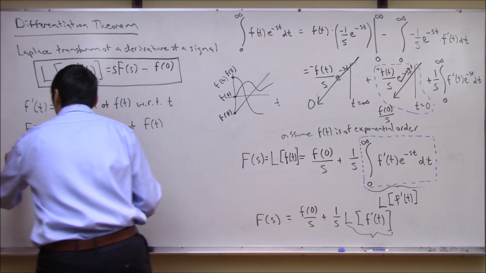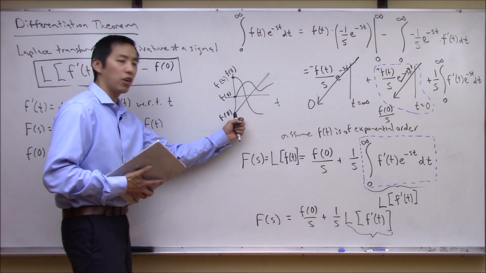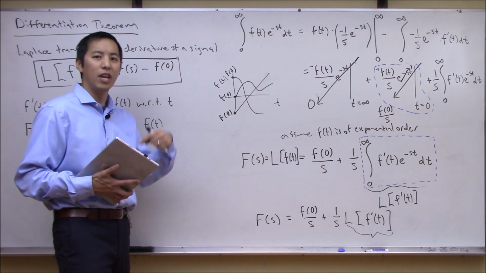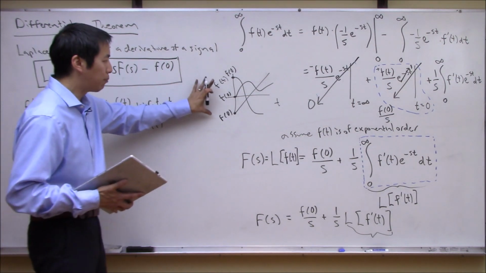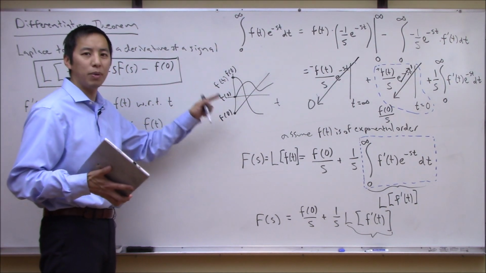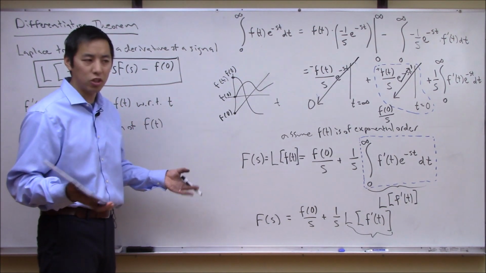So here, f0. What is this? This is the discussion here, right? F sub 0 is actually the initial condition of the signal in the time domain. So if f of t is like a position, the position of a block or a rocket or something like that, you're talking about the initial position of the block. How many meters to the left or the right of your starting position are you, right?